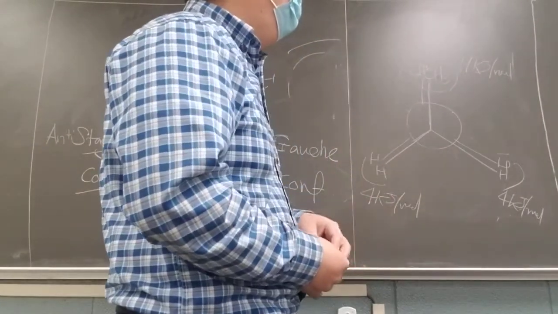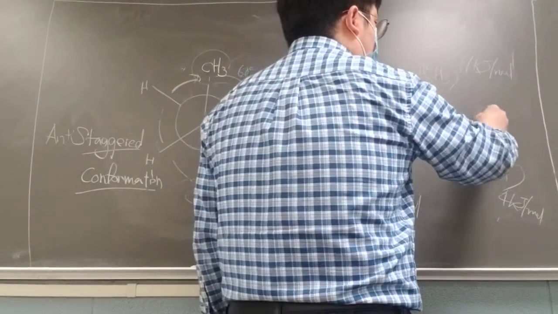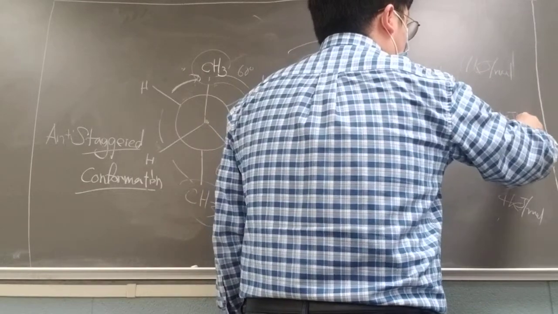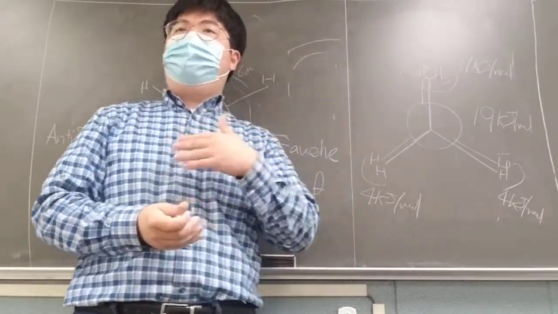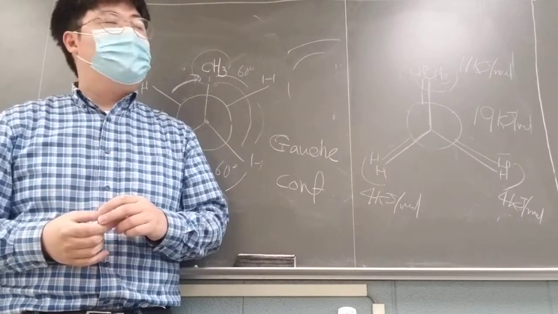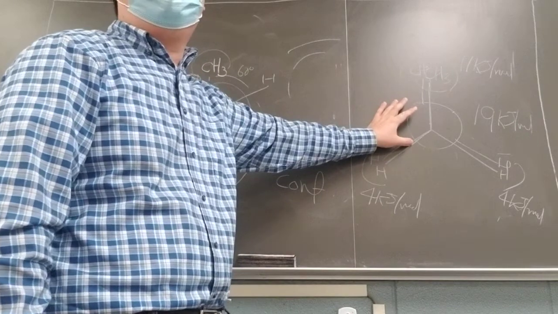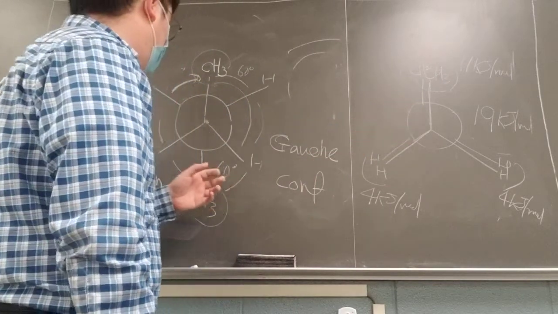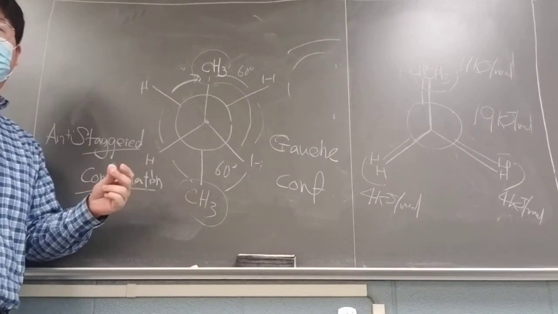I saw about the 11. So in total, it's going to be 19 kilojoules per mole. So even higher than the 16 we saw before in other eclipse conformation too. So this is the most unstable conformation of the butane. This might be the best conformation. Okay.